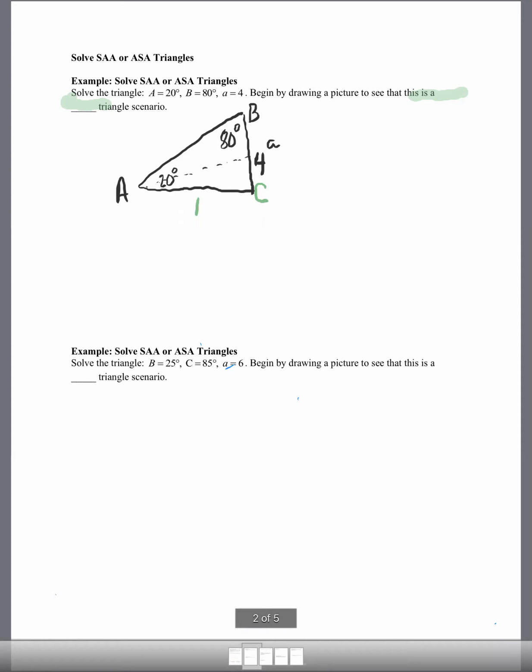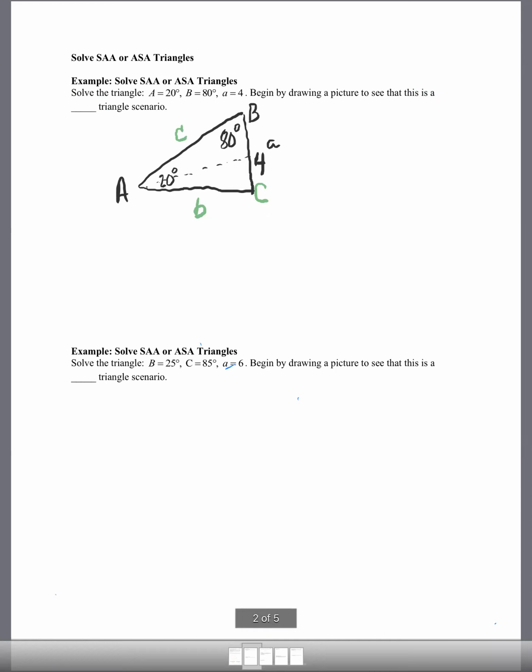We do not know how large side B is, and we do not know how large side C is. So those 3 things that I've marked there in green, those are actually the things that we need to go and find now.